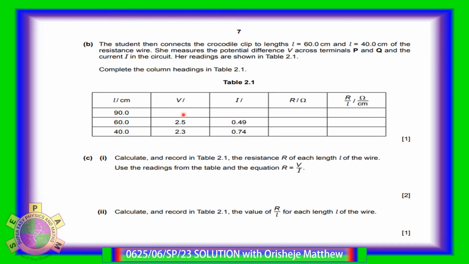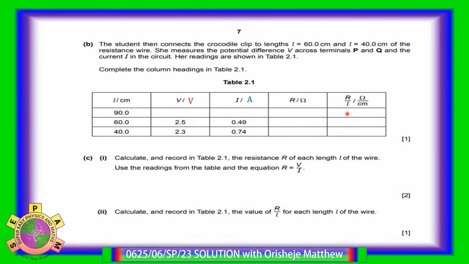So first of all, let's put the values that we just measured when the student used the 90 cm length of the resistance wire. First of all, let's complete the units. Potential difference is measured in volts. Current is measured in ampere. Resistance is measured in ohms.